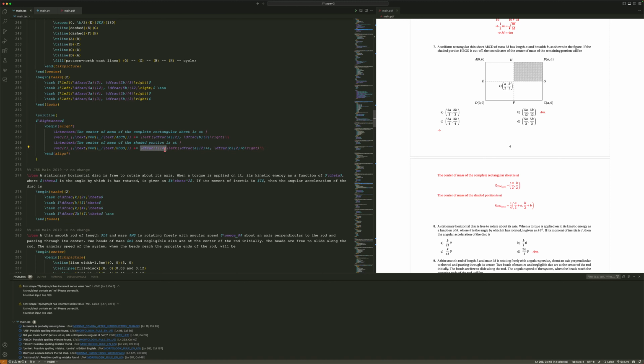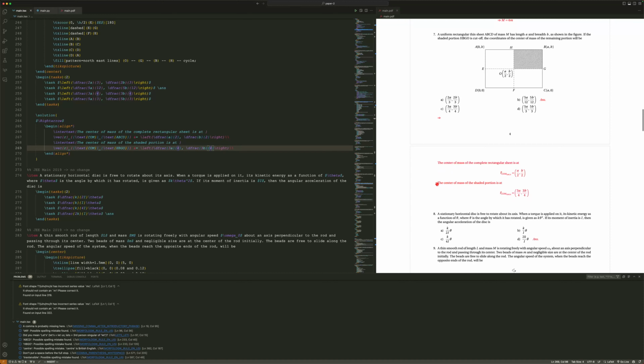So let's remove this part, and what will be, I'm confused. a by 4 plus a by 2, which is 3a by 4, yes, 3a by 4, and this will be 3b by 4, and let's remove this a part, b part, and check it out. So yeah, it's fine.